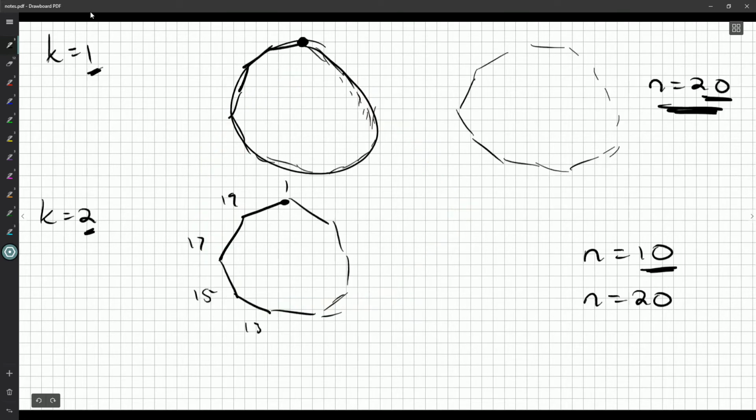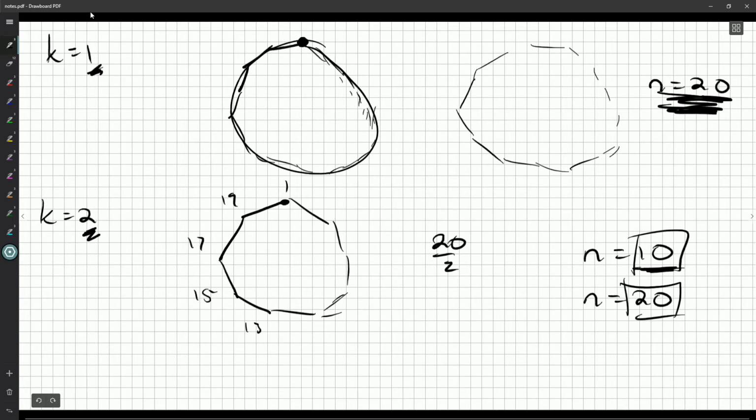So this is borne out by the k equals 1, 3 work that we did. 20 divided by 1 is n equals 20. But when k was 2, well, the GCD of 2 and 20 is 2. And if you do 20 over 2, you get 10, as well as any multiples of this.